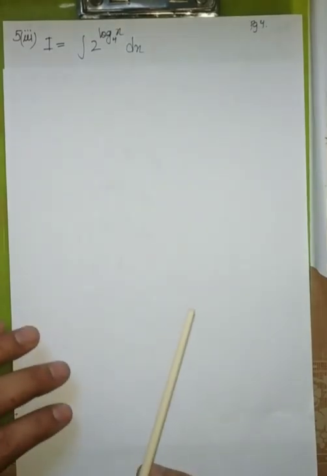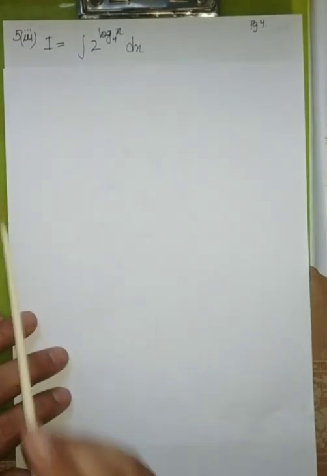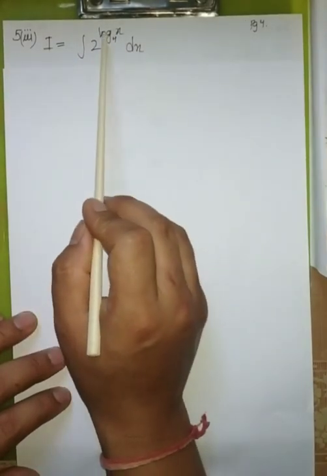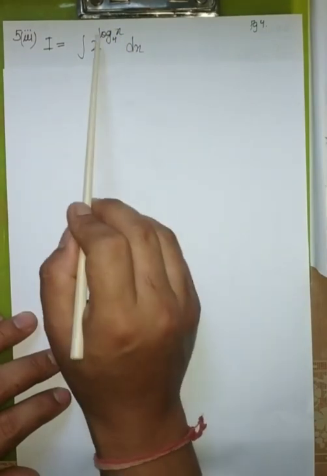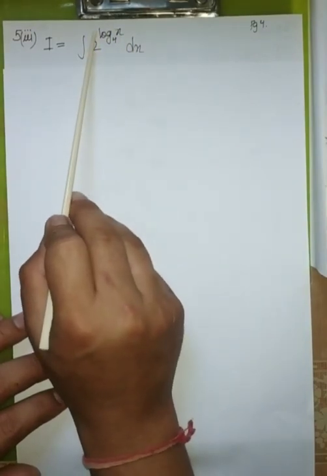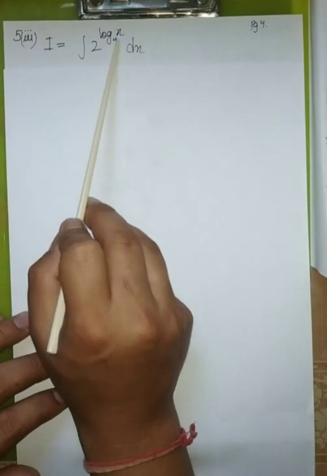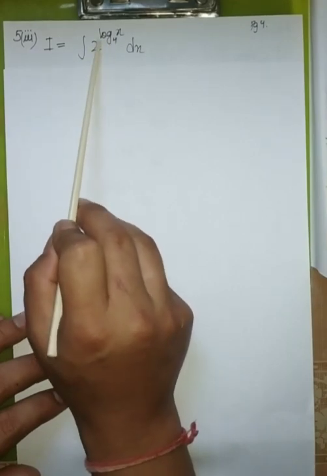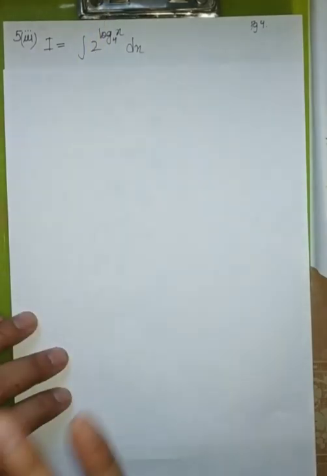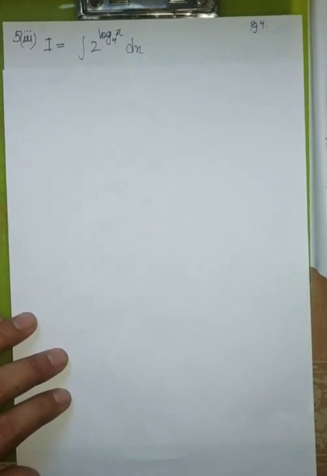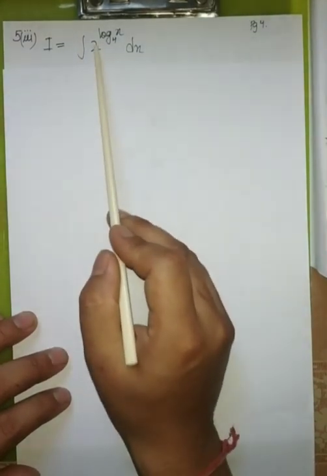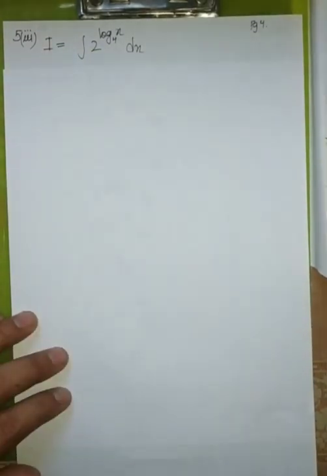Next one would be question number 5 part 3. Integration 2 to the power log x base 4 dx. Already the coefficient of log is 1 out here, but the base and the number are not the same. I have to make this 2 as 4, because here it has to be 4, then only I can use that property.